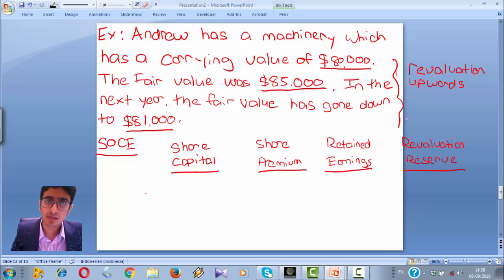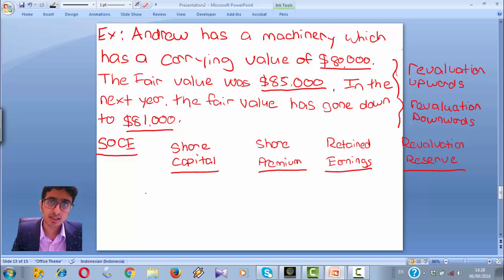But now, what is happening? If we see, in the next year, the fair value has gone down to $81,000. That means from 85,000, now it's gone down to 81,000. Now this is what we call a revaluation downwards. Yes?